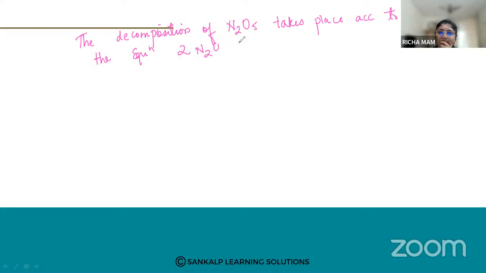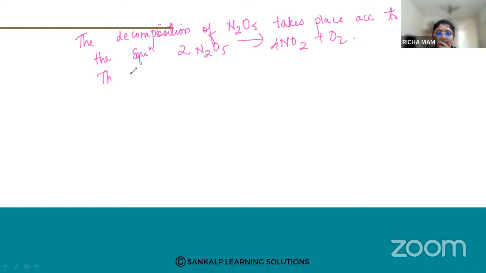The decomposition of N2O5 takes place according to the equation 2N2O5 giving 4NO2 plus O2.